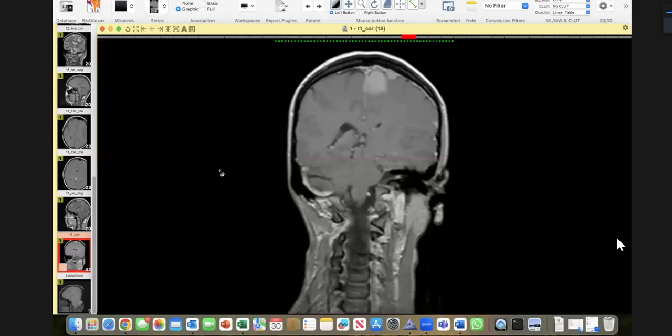So if you are worried about NF2, what is the criteria for NF2? So in NF2 there would be multiple either meningiomas, ependymomas, or schwannomas. I could appreciate all of them to be characteristic of meningiomas.